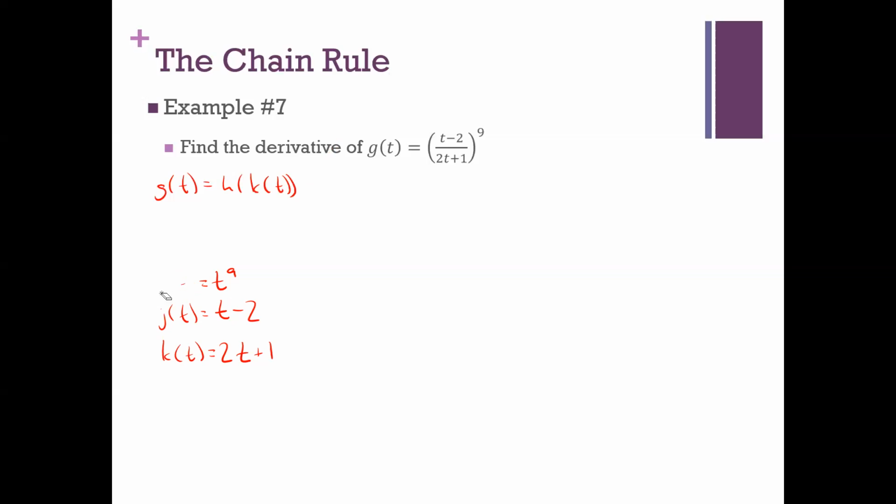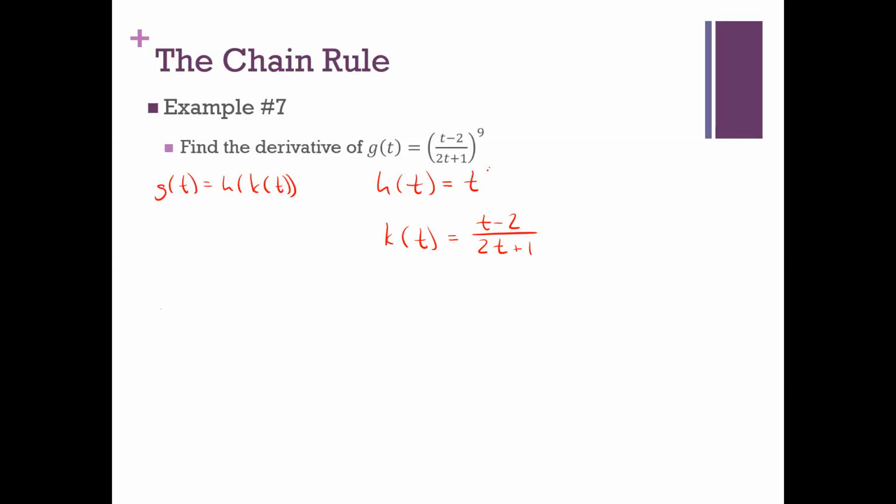So in this case, if we use h composed with k, what does that mean we're saying h of t and k of t are? Okay, so basically the inside of the bracket, which means h of t is just what? T to the ninth. So this set of parentheses is a rational function raised to the ninth power.